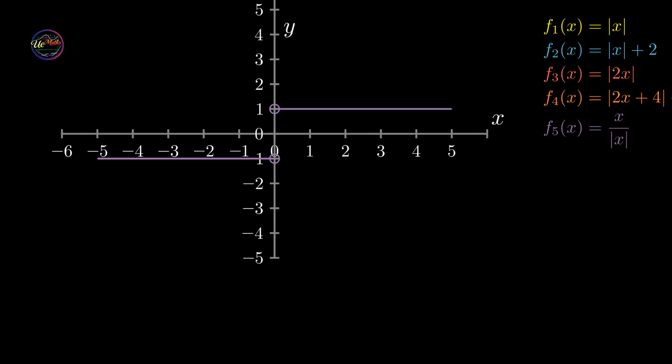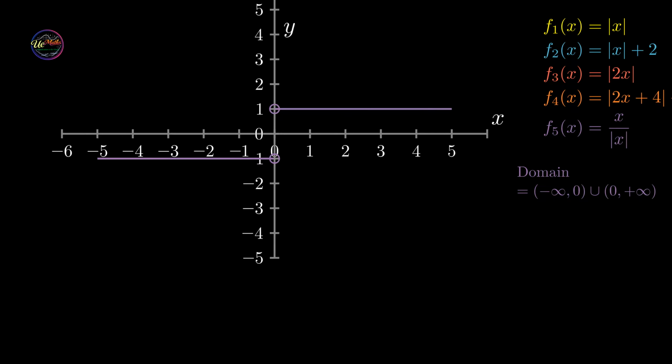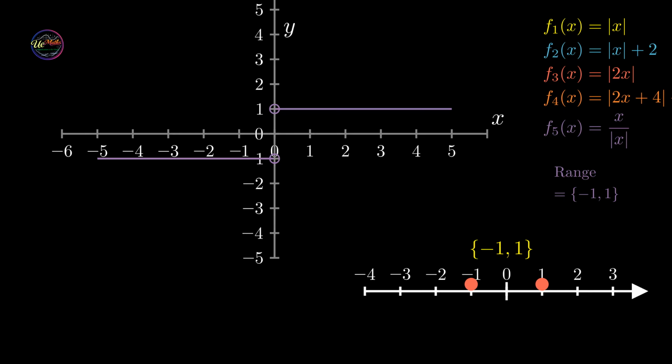So the ratio simplifies to negative 1. Therefore, the domain of the purple graph is all real numbers except 0. So the range contains only the two discrete values, -1 and +1.